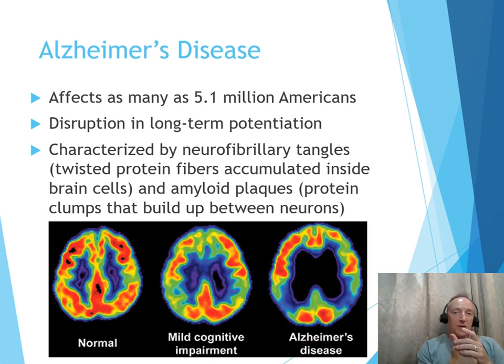They even forget things like how to eat, how to swallow. People who die of Alzheimer's very often die of things like malnutrition and dehydration, because in the end stages they can't even remember the point of eating and drinking and how to do it.